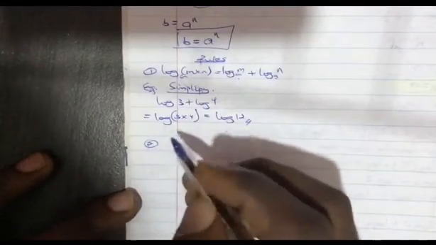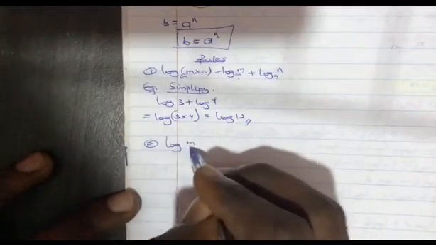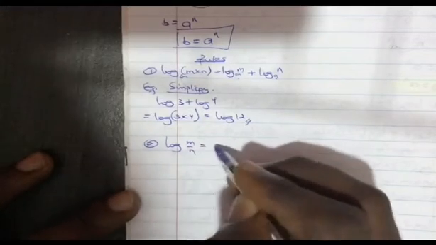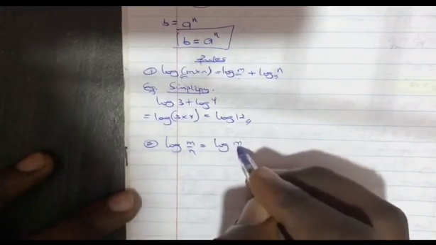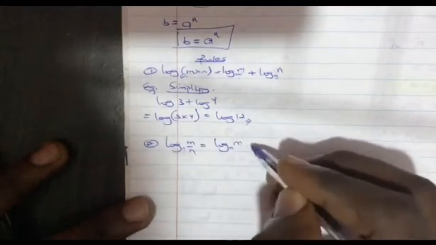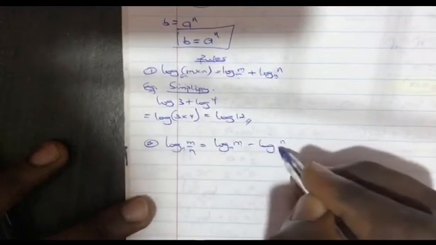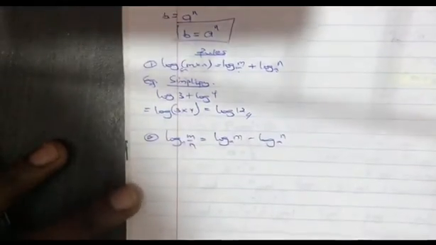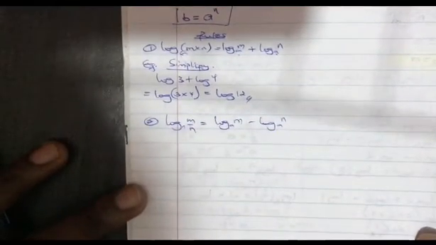Then we look at the second law, which says that log of m over n all to the base 10, or to any base, let's say a, is just log of m minus log of n to the same base. They must all be in the same base.